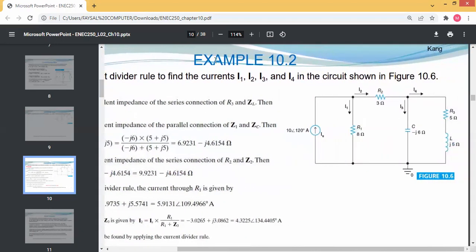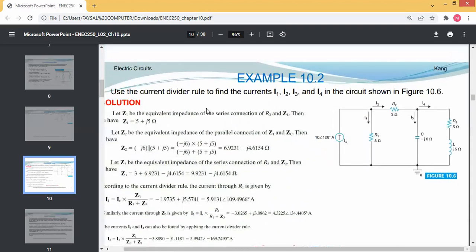I have to suppose one thing: R3 and the impedance ZL are basically connected in series.